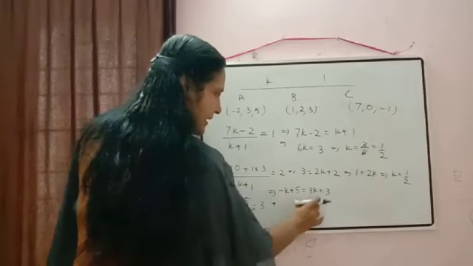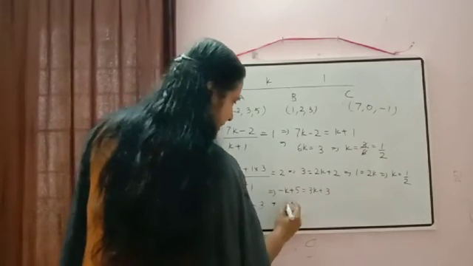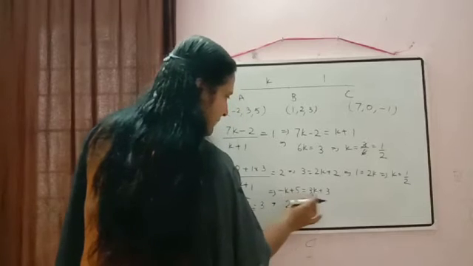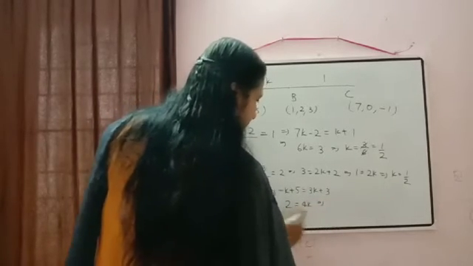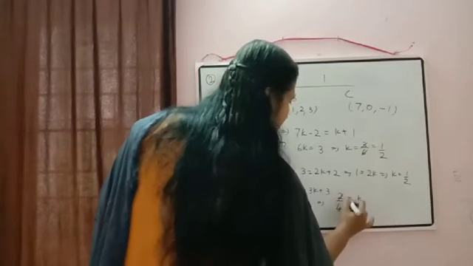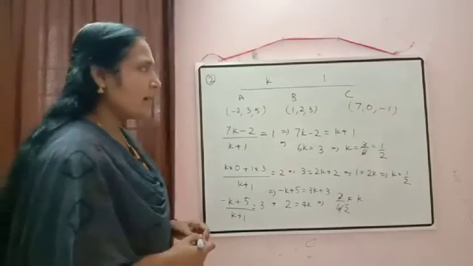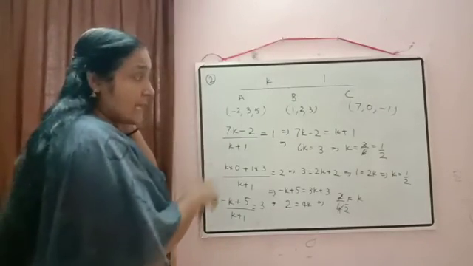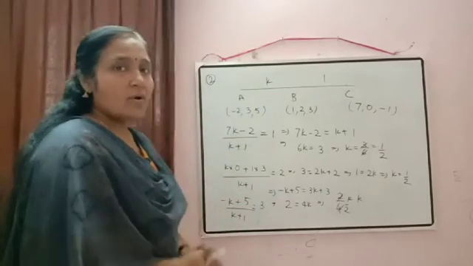Now shift this k and this 3: 5 minus 3 is 2, and 3k plus k is 4k. Shifting 4 to the left hand side, we get 2 by 4 is equal to k. So again we are getting k is equal to 1 by 2. So the ratio is the same in all the cases, and that's why the points are collinear.